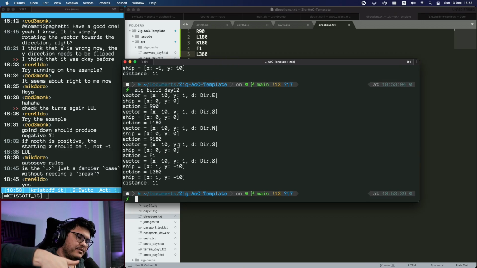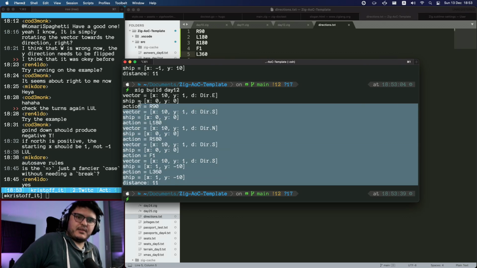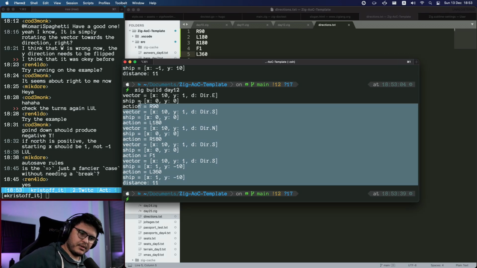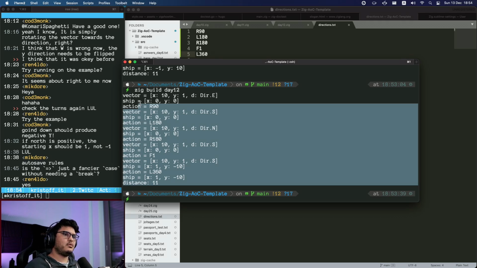Direction south means down by 10, right by 1. So these all seem right to me. What am I doing wrong?